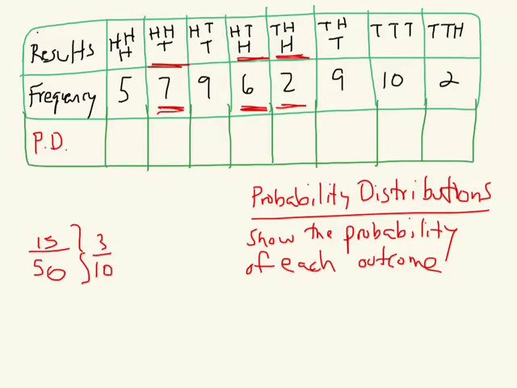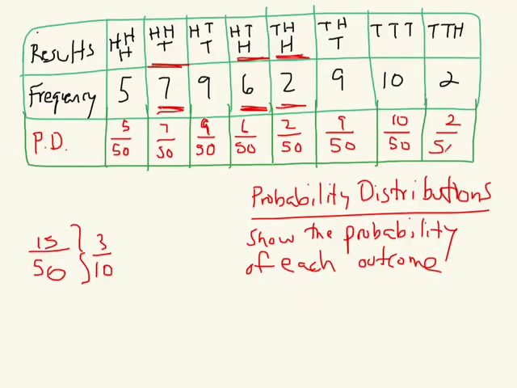The probability distribution is the probability of that outcome. So for this one, it is simply 5, since it came up 5 times, out of 50, which is the total. This is 7 out of 50. This is 9 out of 50. This is 6 out of 50. 2 out of 50. 9 out of 50. 10 out of 50. And 2 out of 50. Those are the probability distributions for each event.